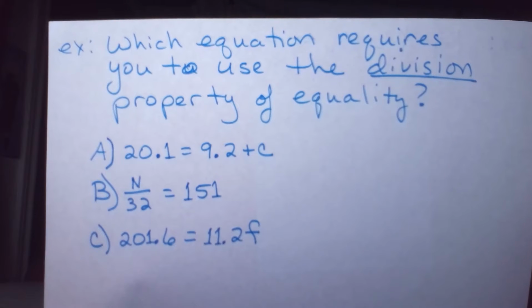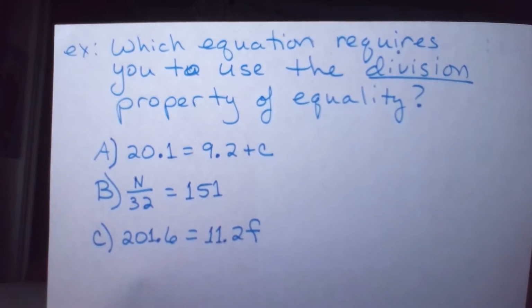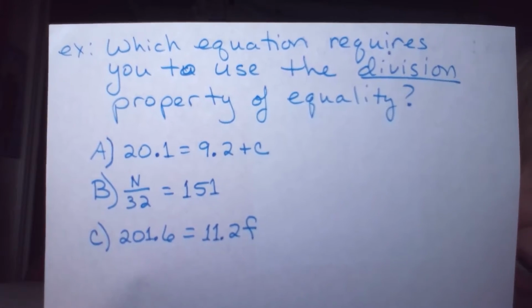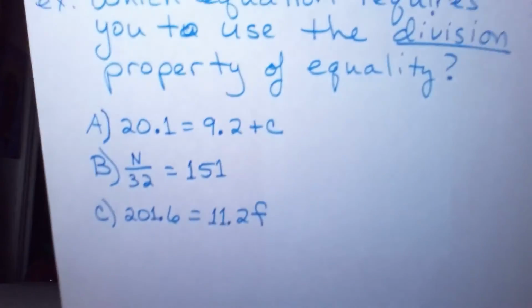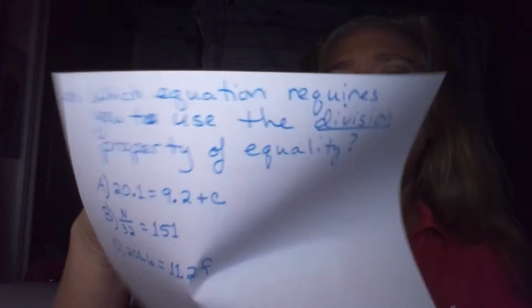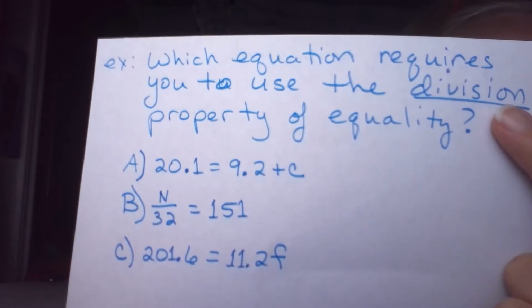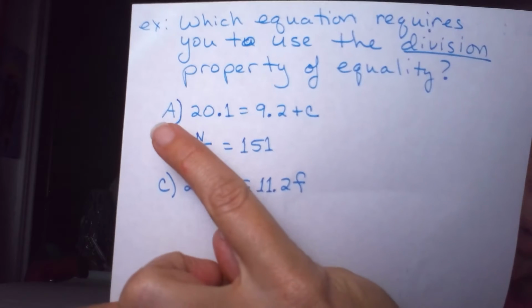So remember, if I have to divide to get my answer, then that means I have multiplied. Sorry, I can't read my handwriting backwards. So when I use the division property, then I'm looking for a problem where I've multiplied.